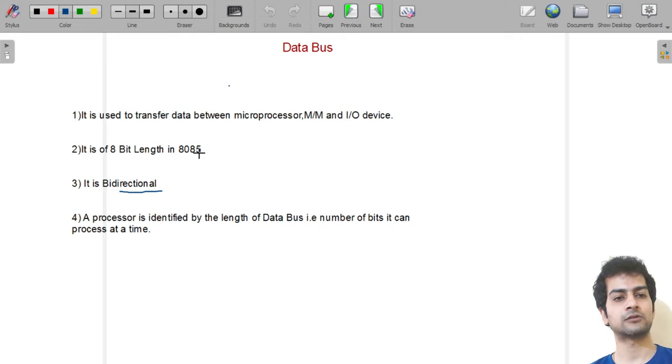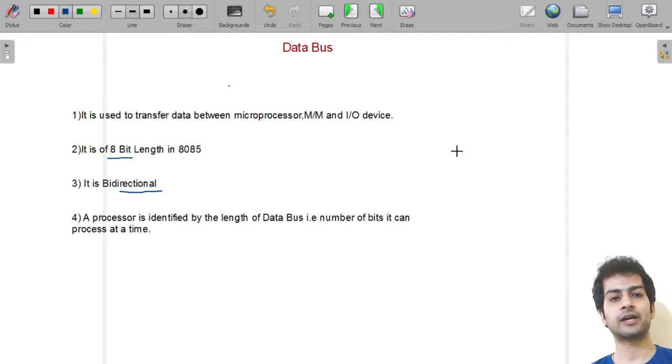We discussed earlier also that 8085 is an 8-bit microprocessor. Why is it called an 8-bit microprocessor? It is called an 8-bit microprocessor because the total number of data lines or data bus available in the microprocessor is 8. And here I have written clearly that a processor is identified by the length of its data bus, that is, the number of bits it can process at a time.